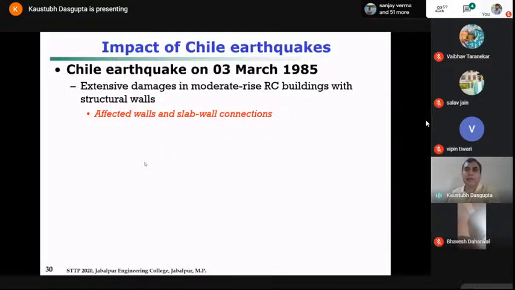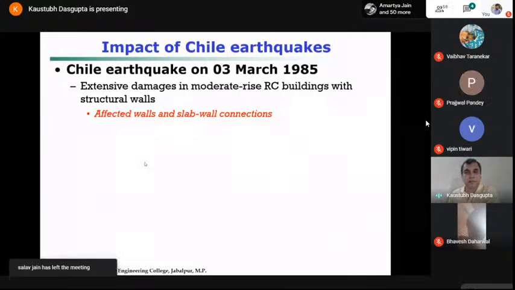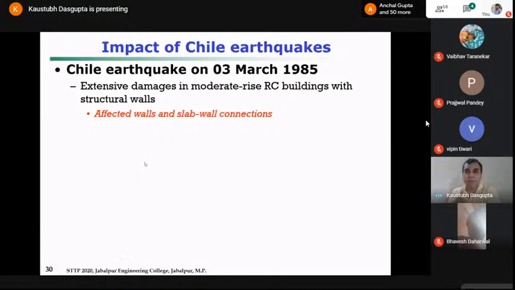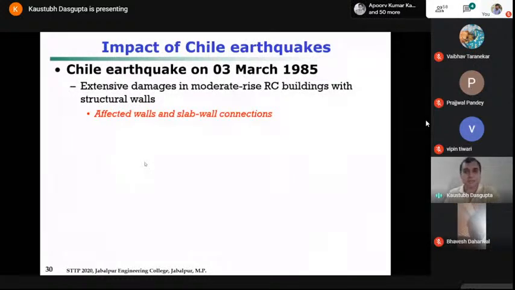Because Chile is a country where they have been constructing shear walls in buildings for quite a few decades, and their earthquake design code is quite advanced in terms of wall detailing, wall behavior, all these clauses. So whenever we look at the different wall design provisions, the Chilean code comes very handy. And they have been revising it also, looking at the observations of past earthquakes.